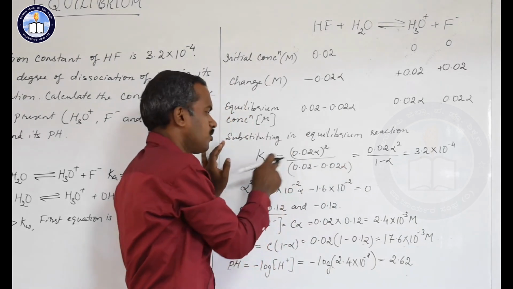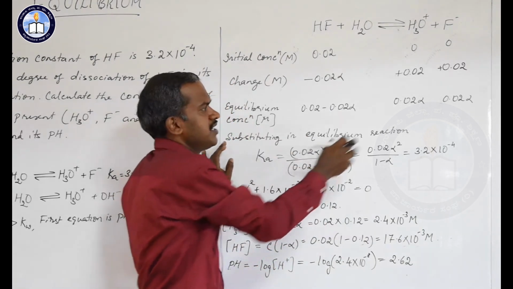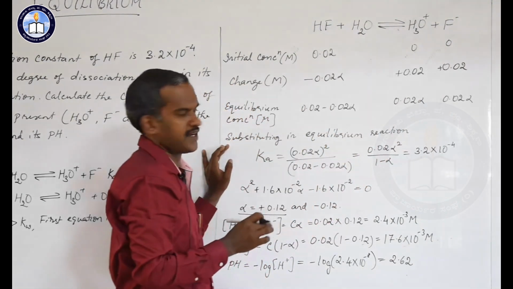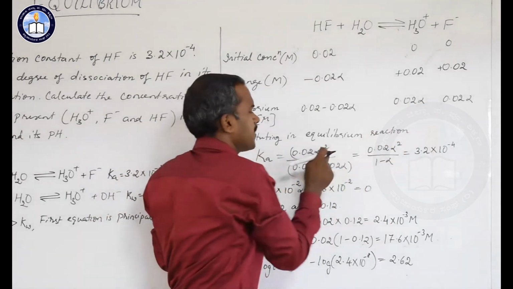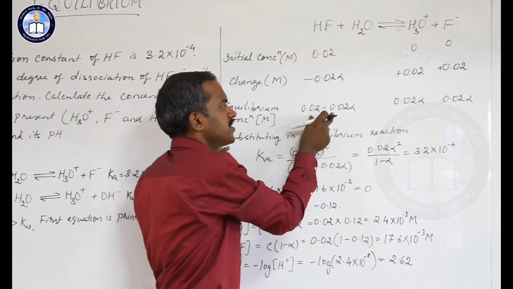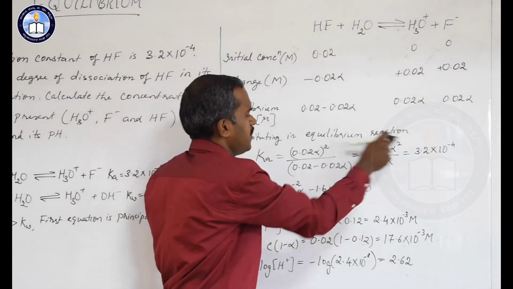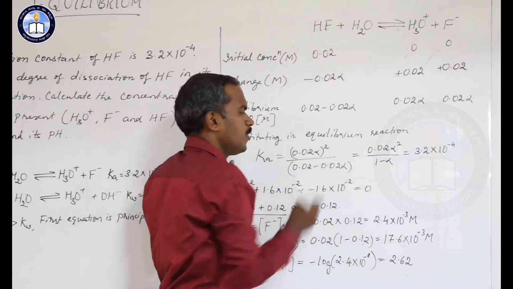Understood? So the dissociation constant we express as the concentration of the products divided by the concentration of the reactants. So it is multiplied, it becomes a square, and this is the concentration of HF. When you simplify, it becomes 0.02 alpha square divided by 1 minus alpha.